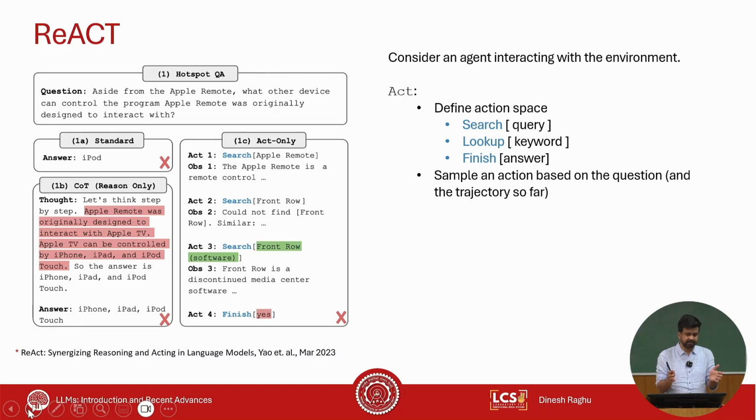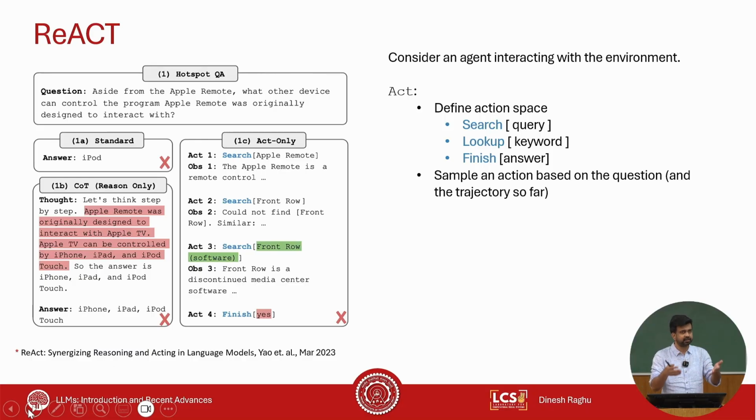The state of the system is basically what you feed as input to the LLM, right? So that's the state of the system, and the action is whatever the LLM is allowed to output. In this particular setup, the action space has 3 different actions. One is the search with a query, second is a lookup. Typically Wikipedia pages are pretty long, so when you execute the search query, only the first 5 lines or so come back to the LLM, right?